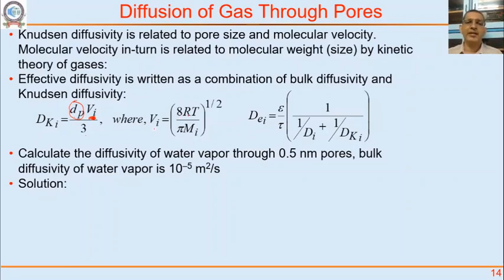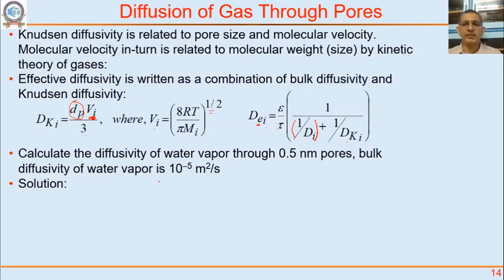This velocity is square root of 8RT divided by pi m, and effective diffusivity is epsilon by tau, 1 by Di, where Di is the bulk diffusivity, and DKi means Knudsen diffusivity for the ith molecule, ith species, if you want.